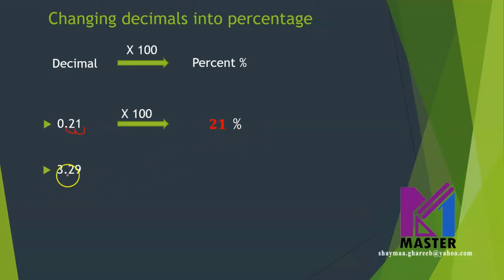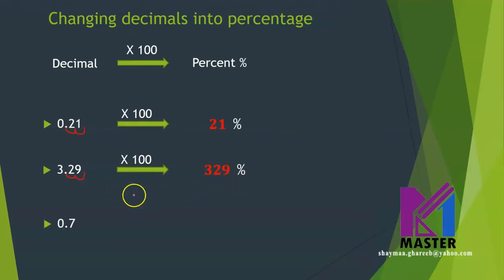Another example, 3.29. If I want to change it into a percent, I will multiply it by 100. So I will move the decimal point 2 places to the right, which means 329%. Could the percent be bigger than 100? Yes, of course, it could be bigger than 100.